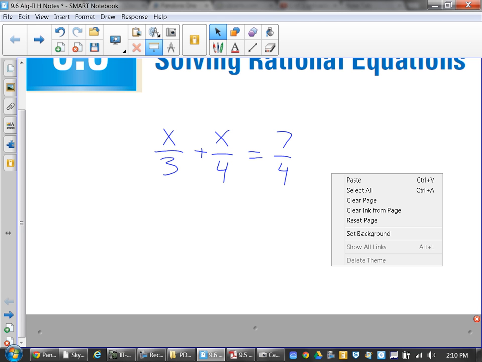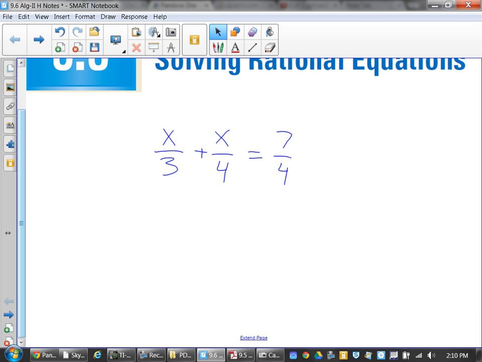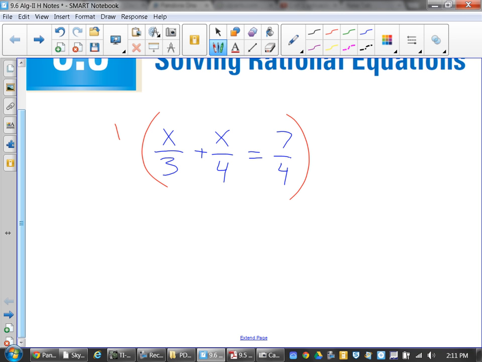So I'm going to multiply this out the long way a couple of times, and then I'm just going to start shortcutting it. If I multiply both sides of this equation, basically distributing a 12 to everything, you will be pleasantly surprised. You get 12x over 3 plus 12x over 4 equals 12 times 7 over 4.